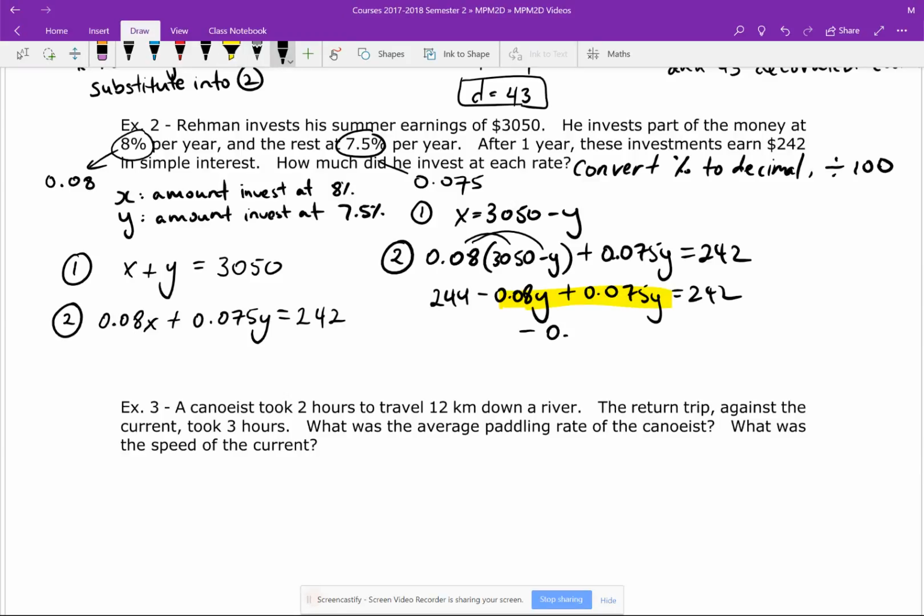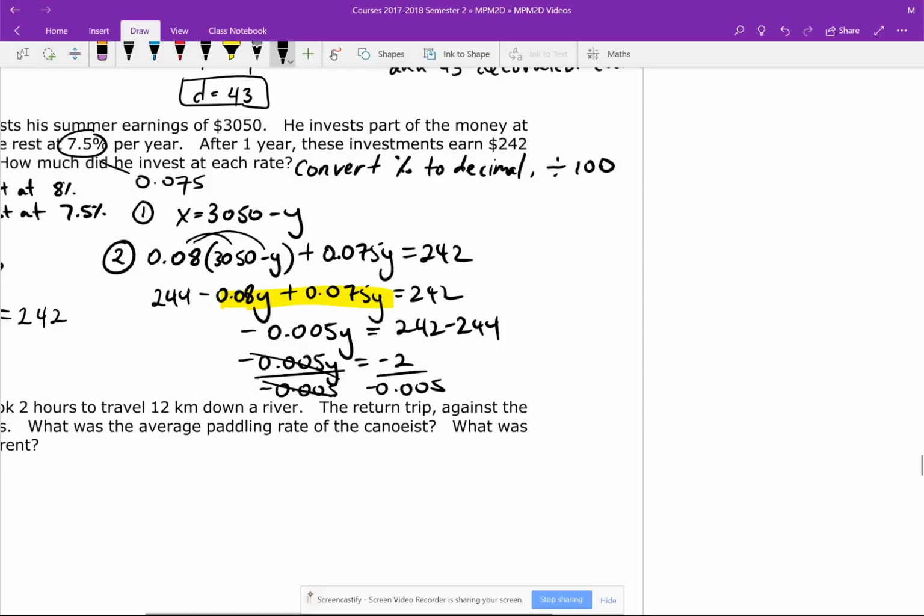So negative 0.005y equals 242 minus 244, which is negative 2. If I divide both sides by negative 0.005, I'll get my answer for y. So these two cancel out, and so y equals negative 2 divided by negative 0.005, which is 400. Big number, okay? That's what happens when you divide by a decimal. You get a bigger number than the numerator.